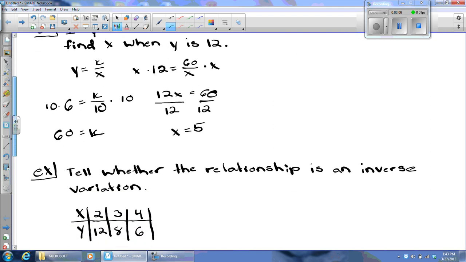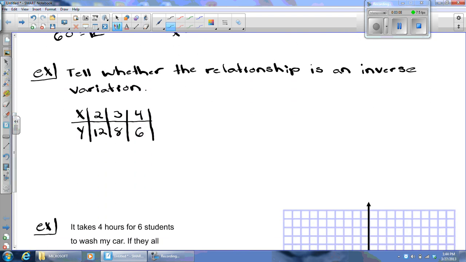Okay, in this next example, you have to tell whether the relationship is an inverse variation. To do this, we're going to have to find the constant, and the constant has to be the same for each set of x and y for it to be an inverse variation.